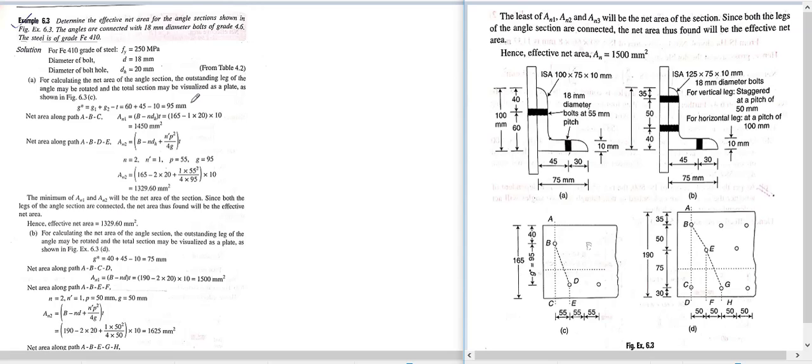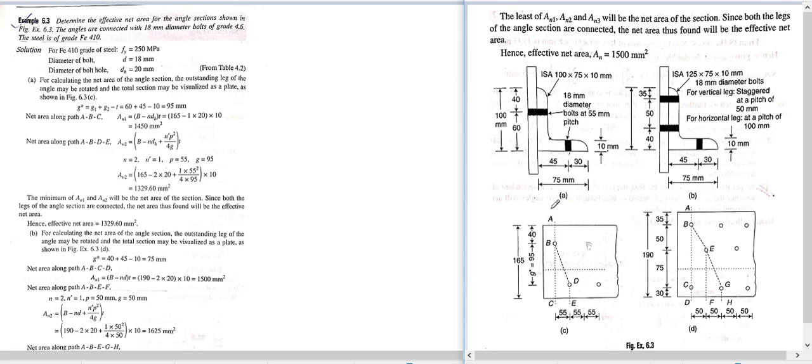Okay, now if it is equivalent to a plate, now as we have solved the first numerical of tension member, we have chosen different paths for finding the net section. So here also we will assume some path, and we will find the net section along those paths. Okay, so let us assume that along A, B, C there will be a net section. Okay, the section may crack, or there may be rupture.